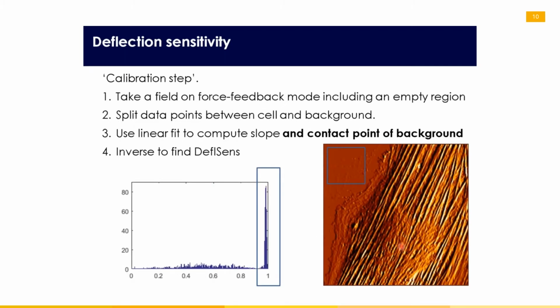The second approach would be taking a map in force feedback mode, including an empty region. Then split the data into points between cell and background. Use the linear fit to compute the slope and contact point of the background, and then also invert the slope to find the deflection sensitivity.